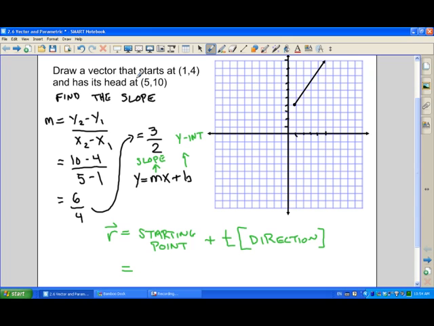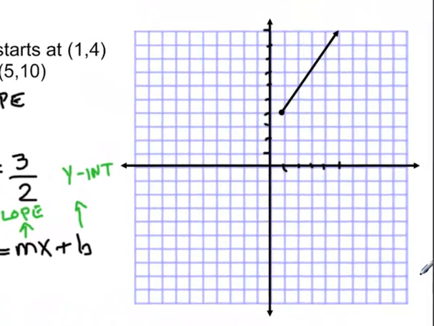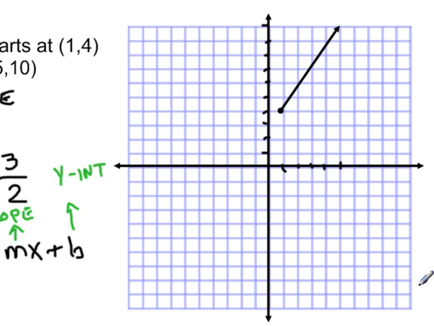If I take the vector that we're working with right now, we know the starting point. We know the starting point is the point (1, 4). The harder thing to find is the direction. Well, let's look at the vector that we drew. We said slope is 3 over 2, or the rise divided by the run. Well, the rise is the y component.